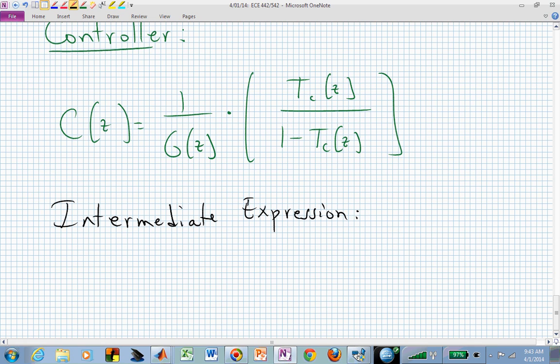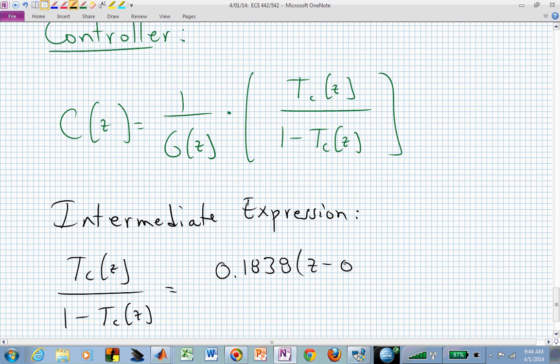But let's now look at an intermediate expression, which is the T sub c of z over 1 minus T sub c of z. And the denominators will be the same. I will then really just be looking at the numerator of the denominator of that expression. The numerator is now 0.1838 (z minus the alpha 0.908).